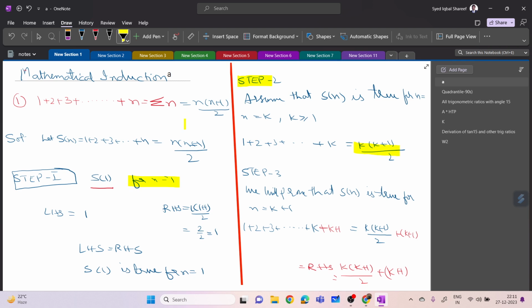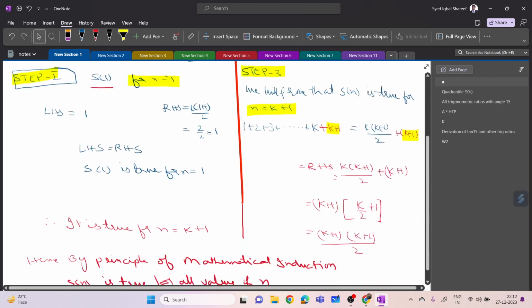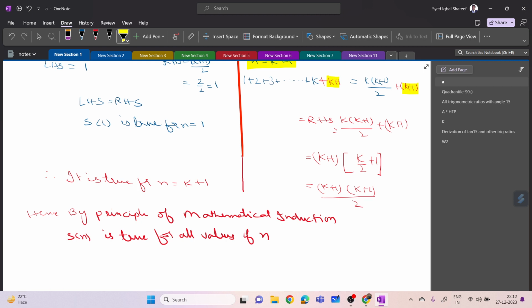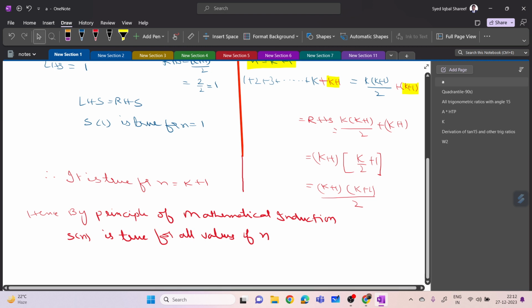Now in step 3, we have to show that it is true for n equal to k plus 1. So adding k plus 1 to both the sides, then after that simplifying, you see n into n plus 1 by 2. So n equal to k plus 1 gives k plus 1, k plus 1 plus 1 by 2. Hence, by principle of mathematical induction, it is true for all values of n belonging to natural numbers.